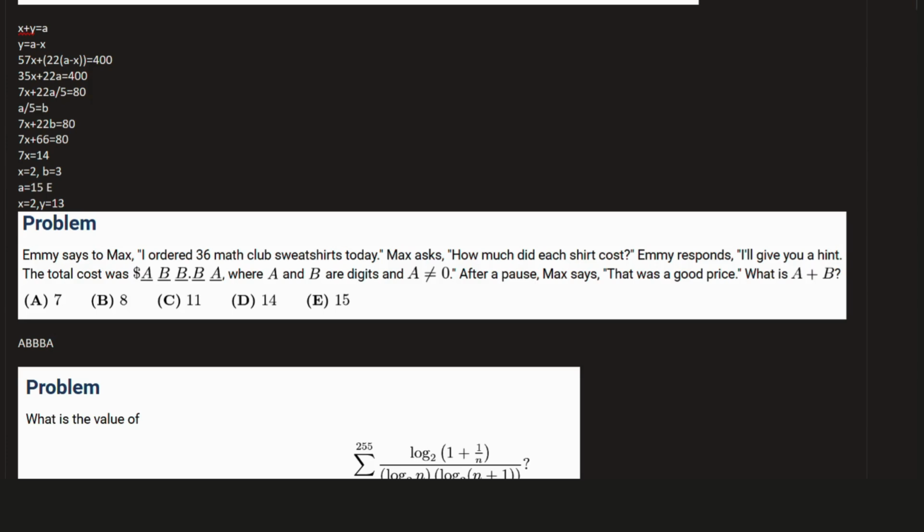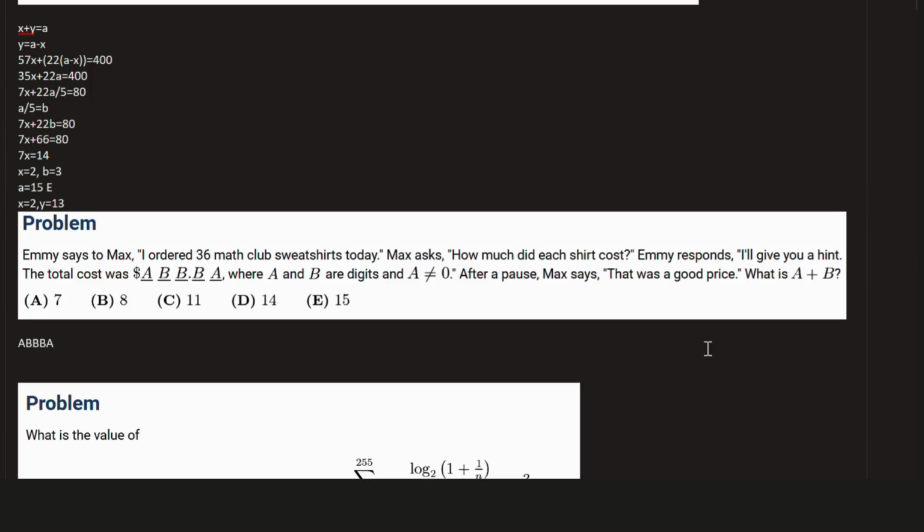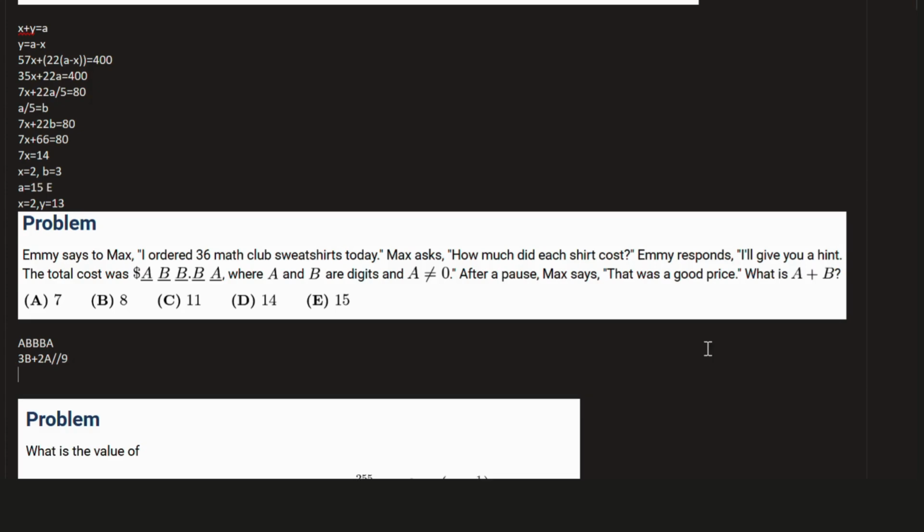So we can first use the 9 divisibility rule, which means that 3b plus 2a must be divisible by 9. We also know that it has to follow the 2 divisibility rule because 36 is divisible by 2. That means that a has to be 0, 2, 4, 6, or 8.